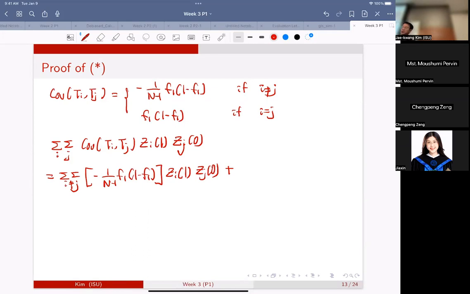And then this one becomes f1 (1 minus f1), and then C_i1 C_i0. Because no j, right? j is i. So then it should be.